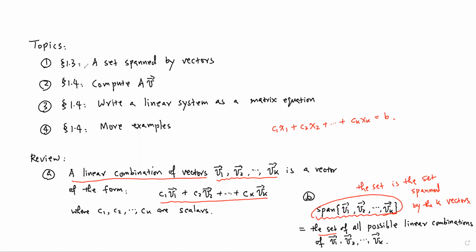Now, topic 1. I show you one more example about this topic. Let vector A1 be 1, -2, -5.